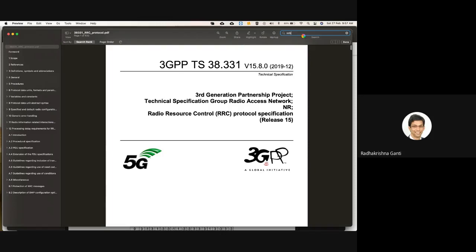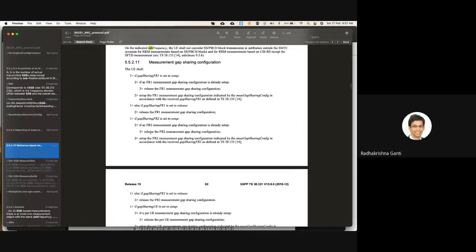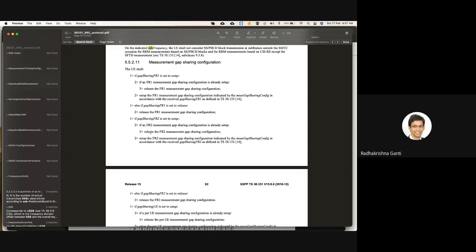There are lots of IEs that we are going to search. They're going to take time, and we will look at these IEs and other things in great detail. So please make sure that you have a good PDF viewer which can search. That's the only way to learn the spec.